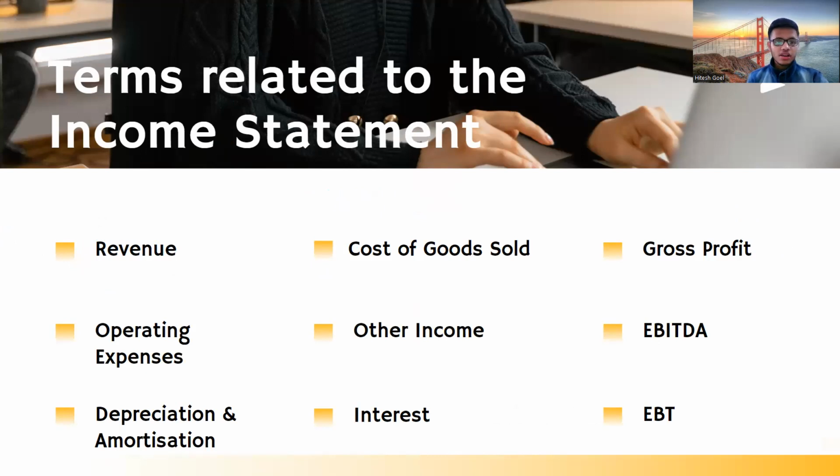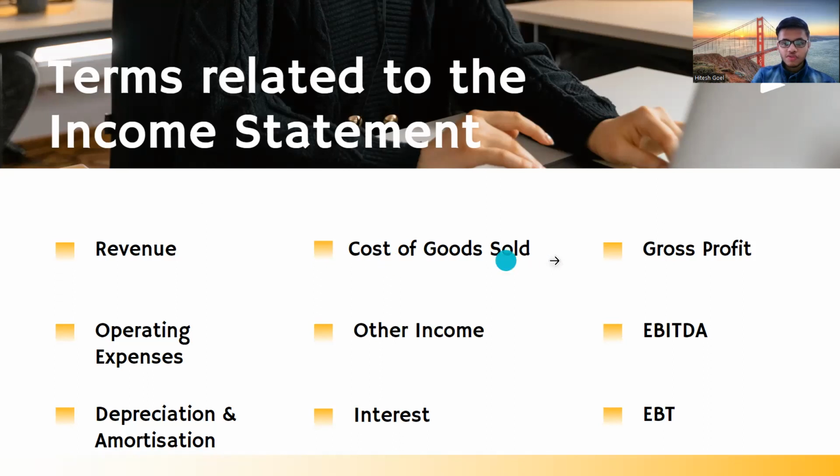Revenue is the gross number of units that you sold multiplied by the price at which you sold them. It is the total income that the business generates from providing its services or products to customers. It's not net income, it's total income. It also includes the cost of the product, which is included in the price, right? So this is the revenue.